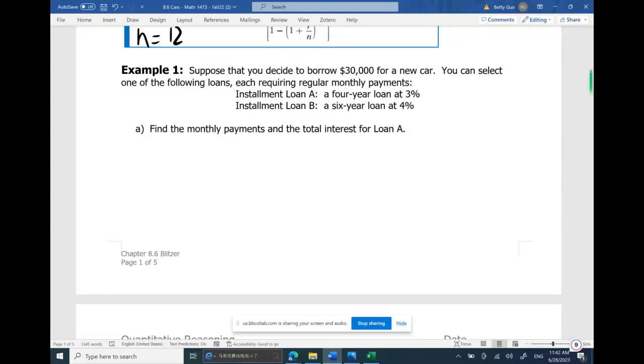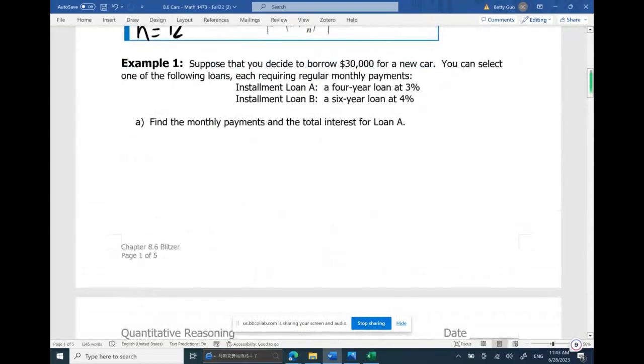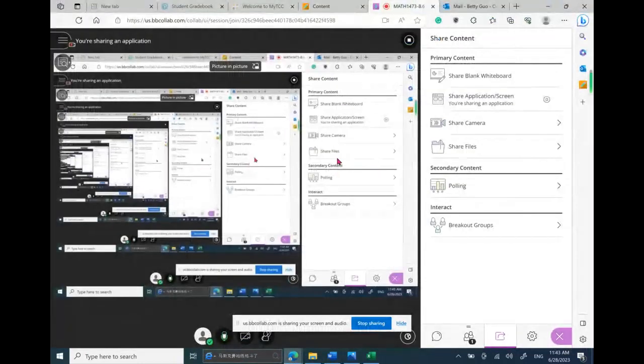We have three parts in this problem. Part A: find the monthly payments and the total interest for loan A. Let's see how we process the first part. I need to always double check I am not muting myself, it is recording, and I am sharing.